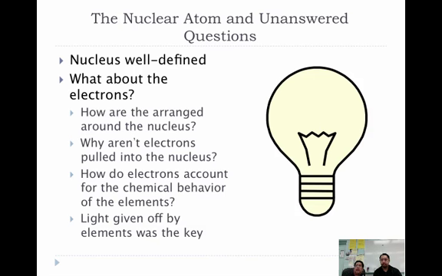So the rationale is, if we understand the arrangement of electrons, we can understand why these elements behave the way they do chemically. And again, light, as we've talked about, was the key at this point in terms of trying to figure out how these electrons were arranged and why they behave the way they do.